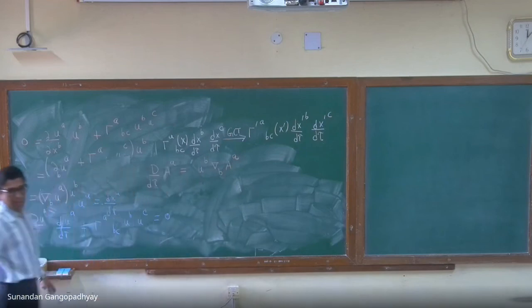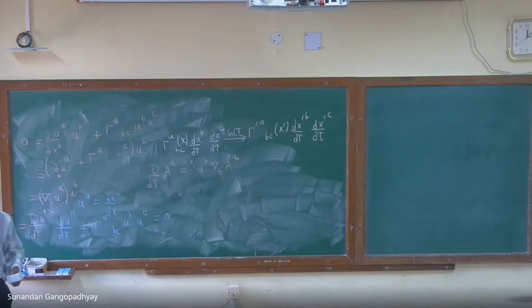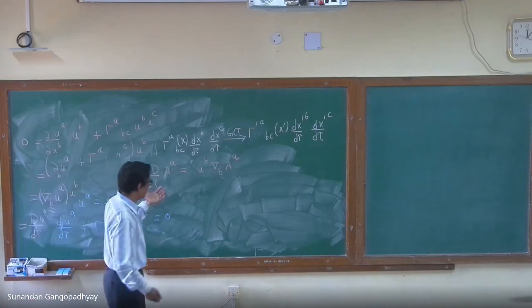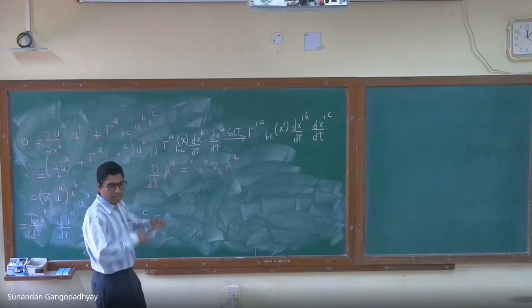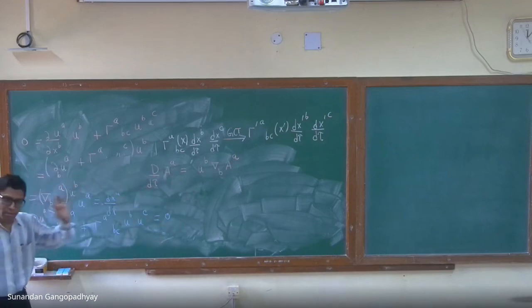This was the expression that we calculated, and George was asking an interesting question, which I did not answer at that time. He was commenting that you're parallel transporting it, but I said that you have just transported it.